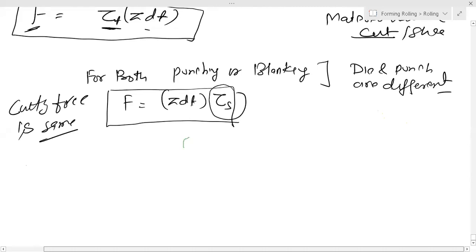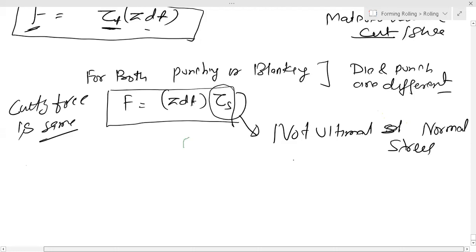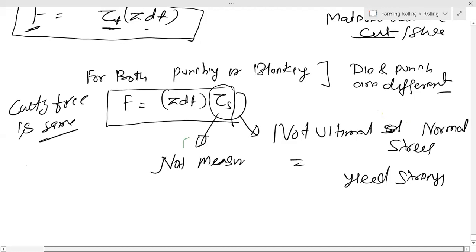Now, this one is not your ultimate normal stress or yield strength, because this is not measurable in the tensile test, in the universal testing machine.